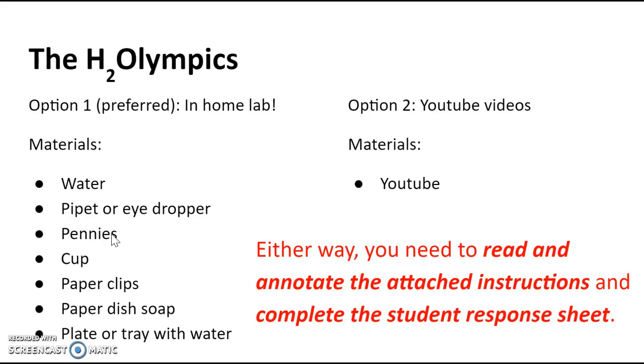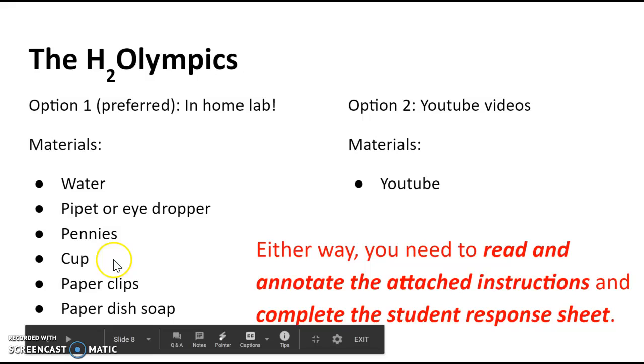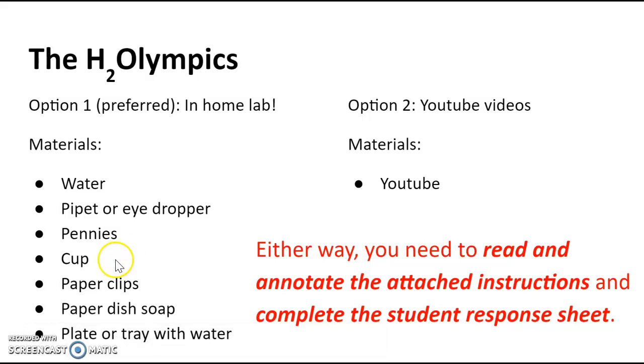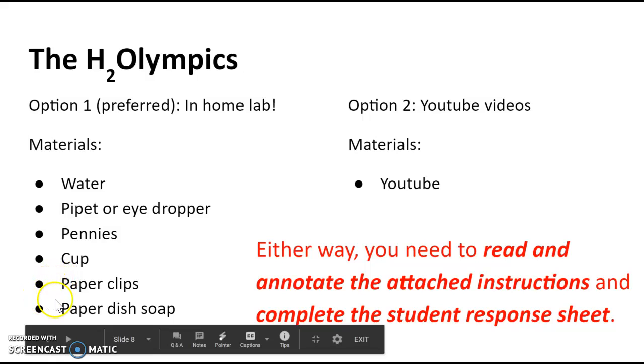So dimes, nickels, quarters might be a little tricky, but yeah, dimes or pennies, really good. You could probably use a mix of those. You need a little cup. I would try to use plastic, but as long as you're careful, a glass cup should be fine. You need paper clips.